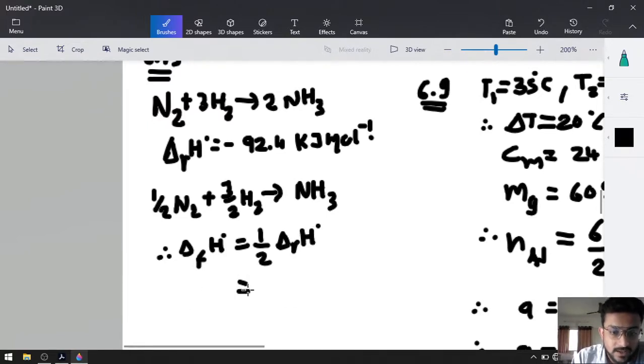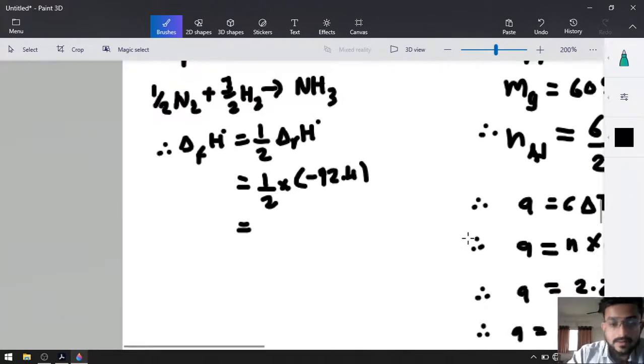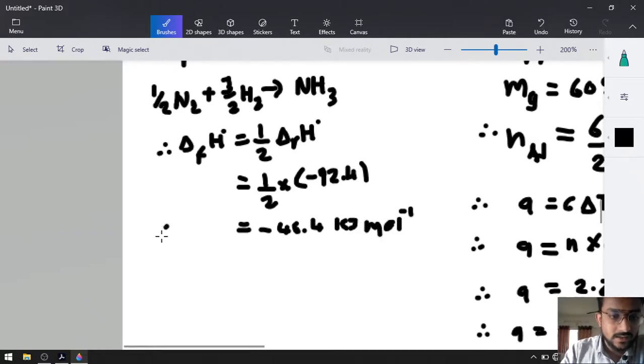So the answer will be 1 by 2 into minus 92.4, 92.4 divided by 2, so minus 46.2 kilojoule mole inverse will be the standard formation enthalpy of ammonia NH3.